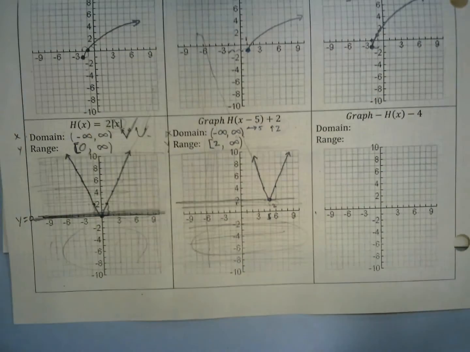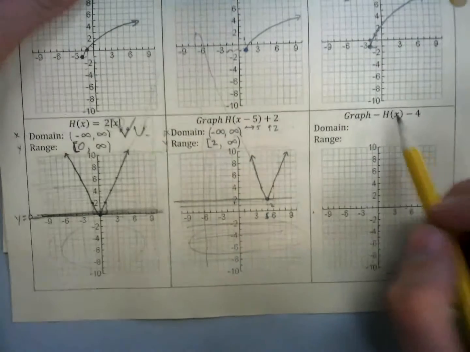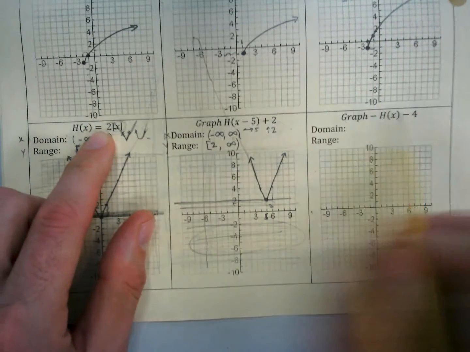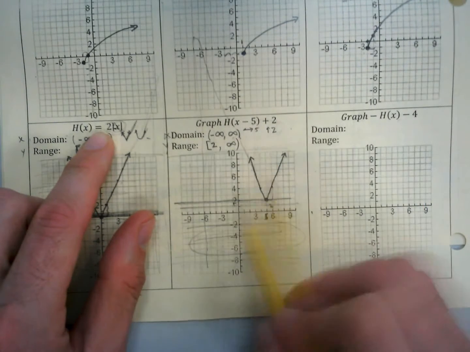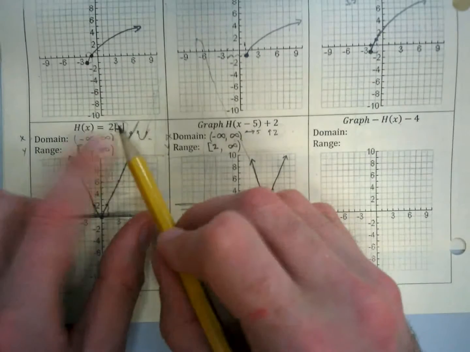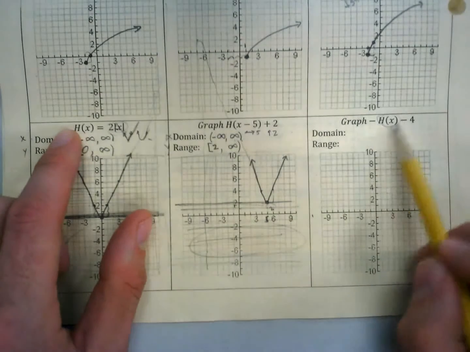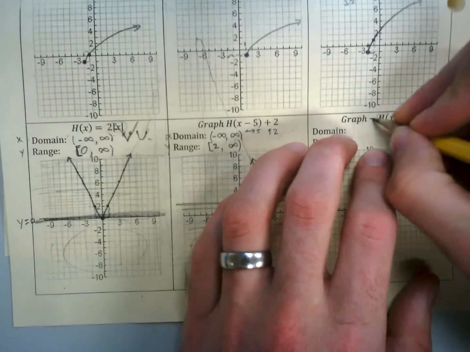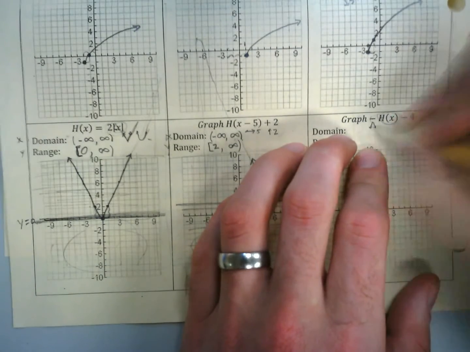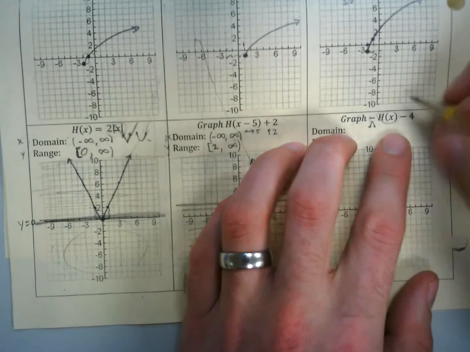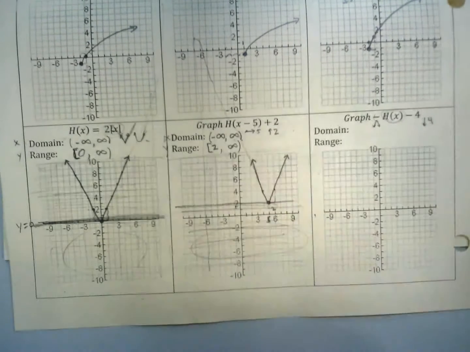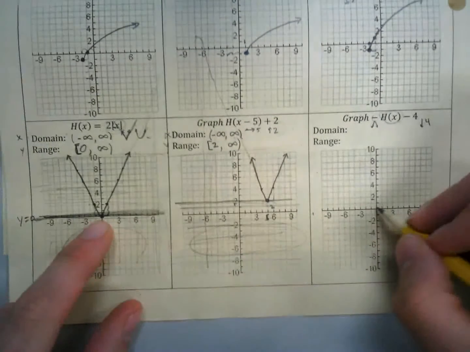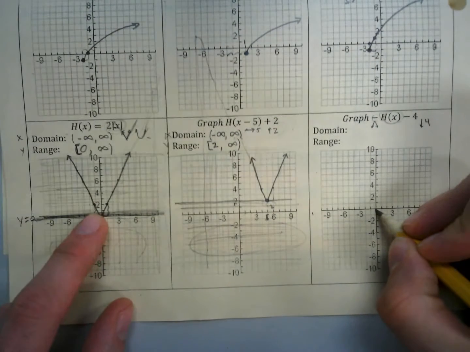Okay, last one. Now remember, we're shifting this function in this way. We're not shifting this shifted function. We're going back to our original h of x. Here it is, h of x. And we're shifting that one. So this does a couple things. Number one, the negative sign is going to flip it upside down. And the 4 is going to move it down 4. Let's do it. The original starting point was 0, 0, so there we are.